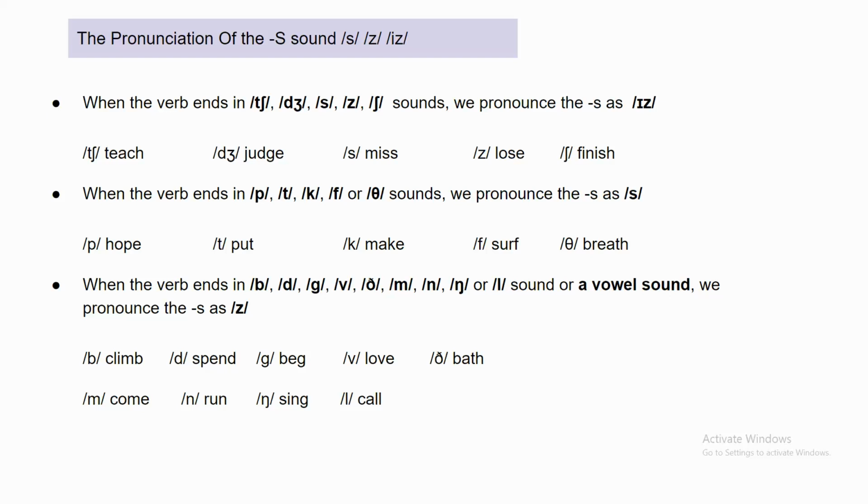For example, he teaches. Judge, the symbol j, like dge. When the verb ends with this sound, we add s when we use he, she, it, and we pronounce judges, okay, judges.